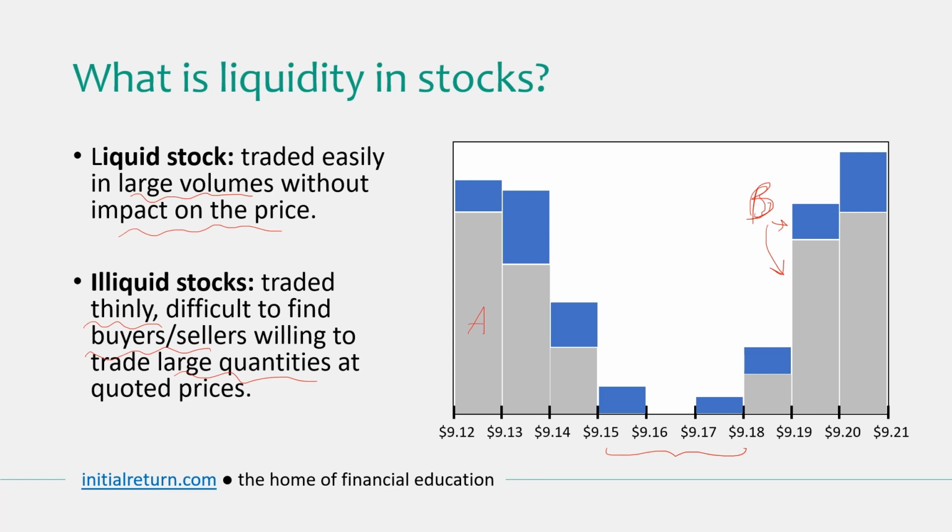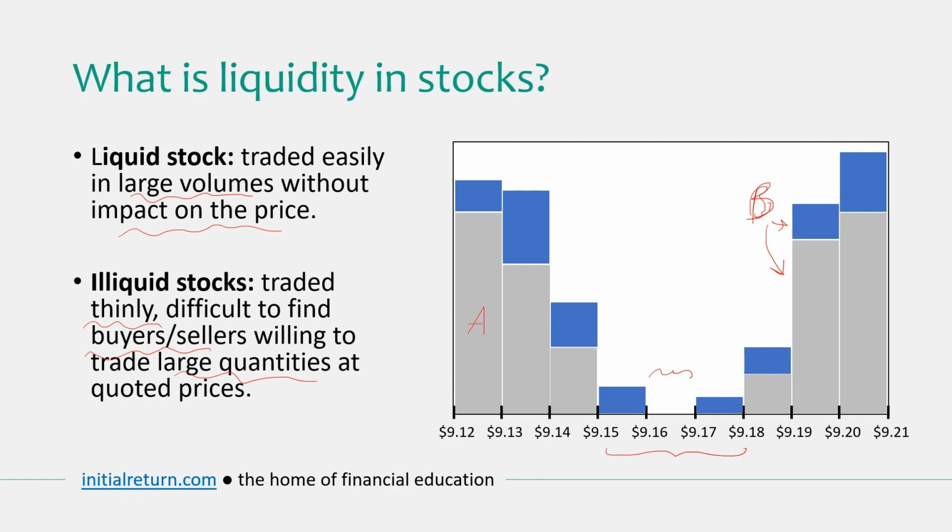Is B more liquid or A more liquid? According to our definition, B is a more liquid stock than A. Why? Because at every price level it has more quantity on offer, which means that there's more depth in the order book for stock B. And look at the bid-ask spread for B. It's much tighter compared to A as well.